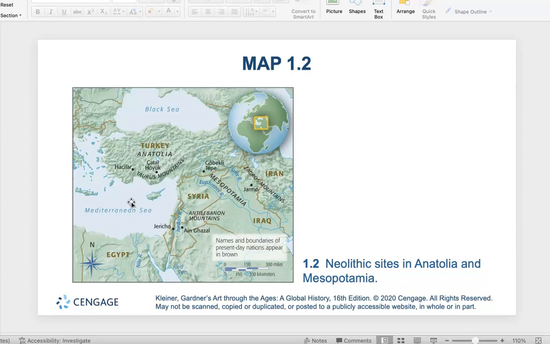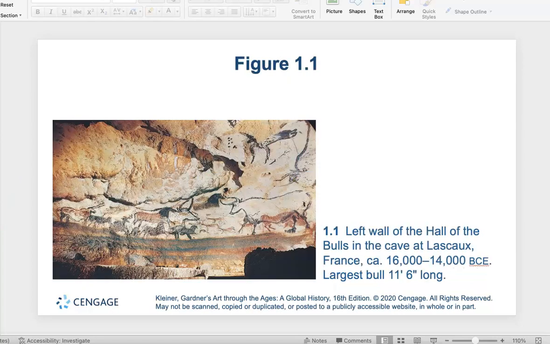And I want to show you stuff in this presentation that the Stone Age is kind of famous for. Okay, the Stone Age is famous for cave paintings. All right, and you've probably seen this already someplace, in a magazine, on a TV show, something. This is the Hall of Bulls in the cave at Lascaux in France, and this is circa 16,000 to 14,000 BCE.